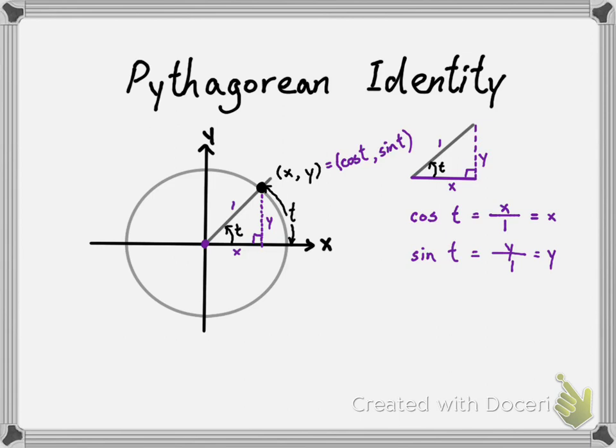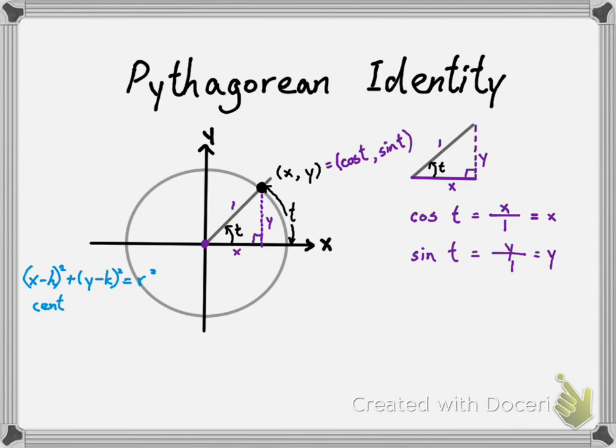Now, in algebra class, we learned that for a circle, we can find the equation by (x minus h) squared plus (y minus k) squared equals r squared.